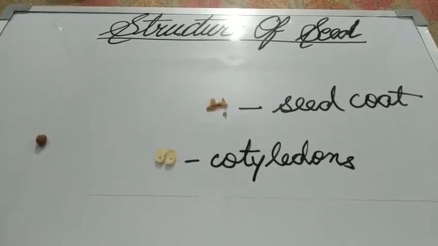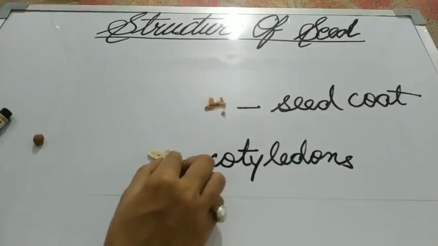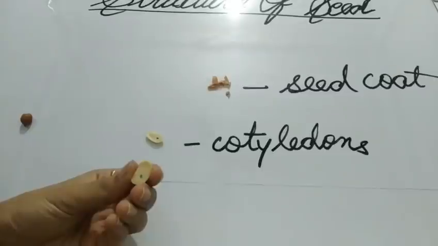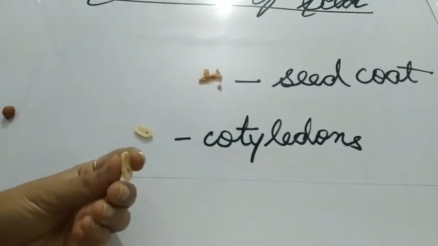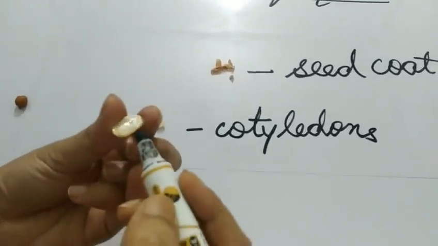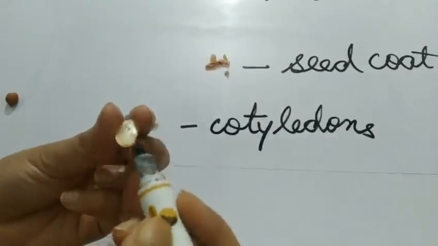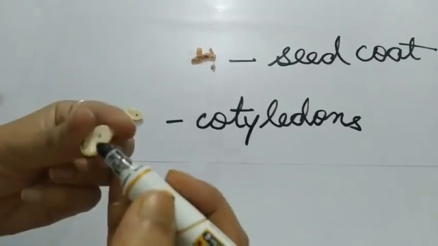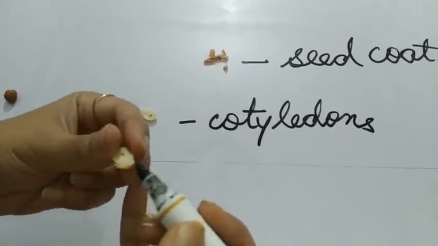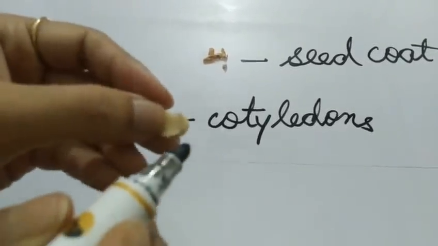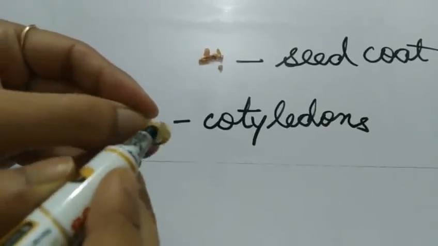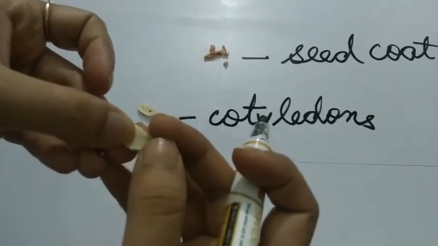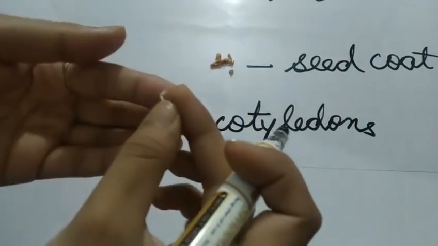Now, where is the baby plant here? If you lift this up and look very carefully, here you will find the baby plant. A small structure, see here, this structure over here, this very small tiny structure that you see, this is your baby plant.